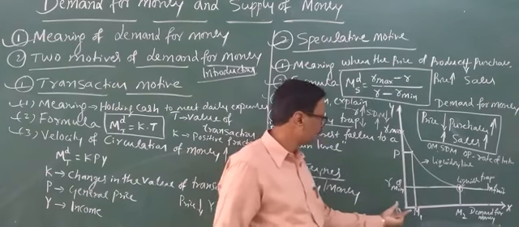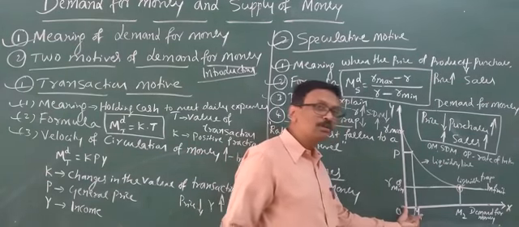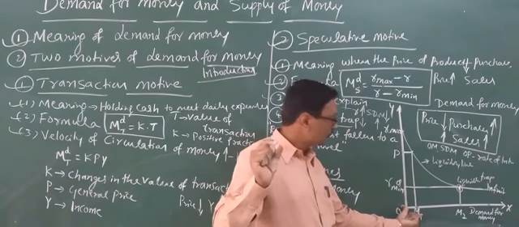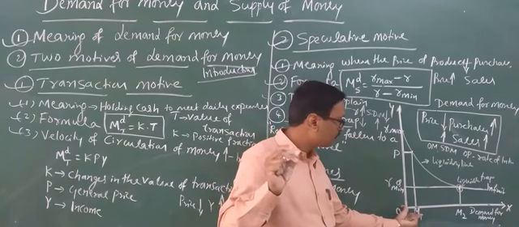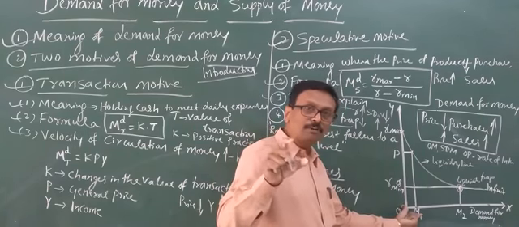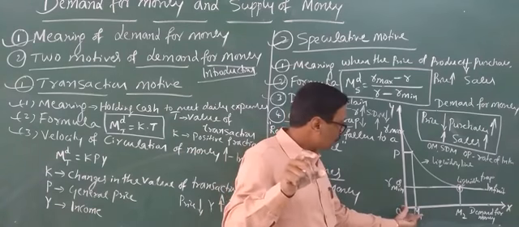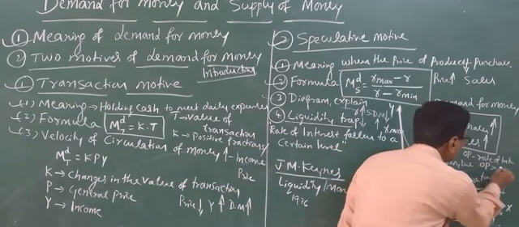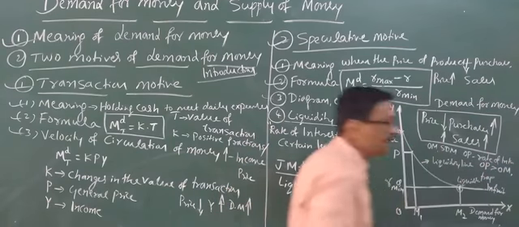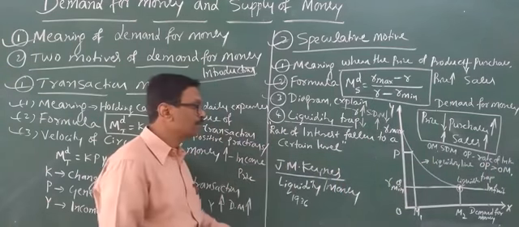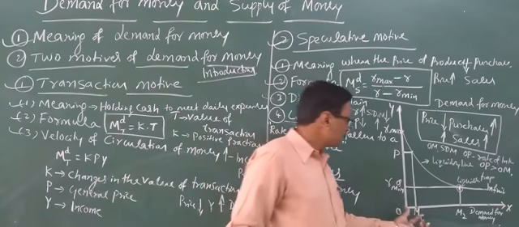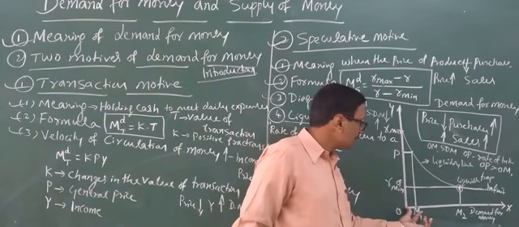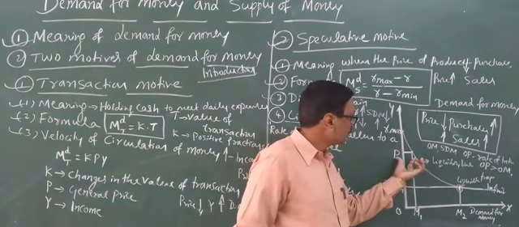When the rate of interest is OP, the speculative demand for money is OM1. OP is greater than OM1, which means the speculative demand for money is very small relative to the rate of interest.